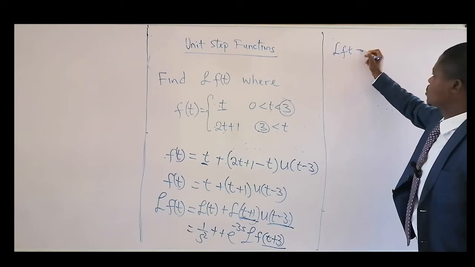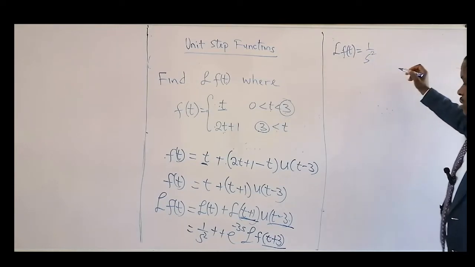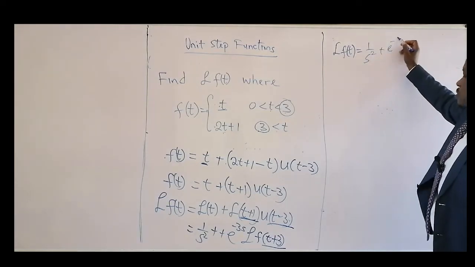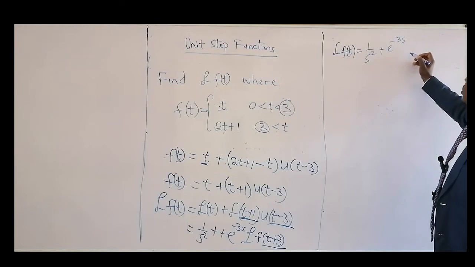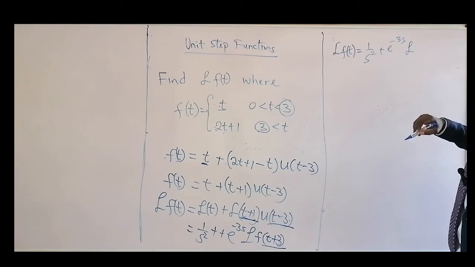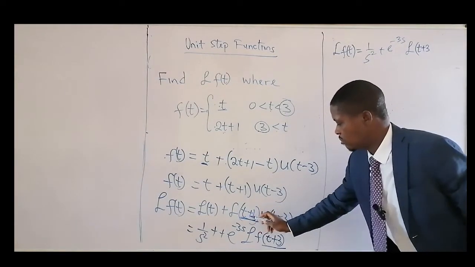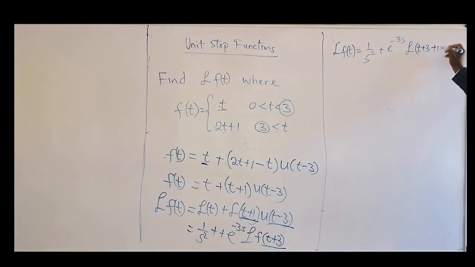So we now have Laplace of f of t will now become 1 over x squared plus e to the minus 3x. Then Laplace of your t, anywhere you see t, you put t plus 3 for t, and then plus 1.